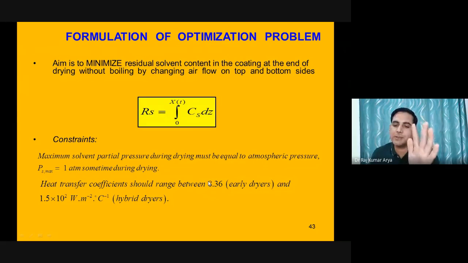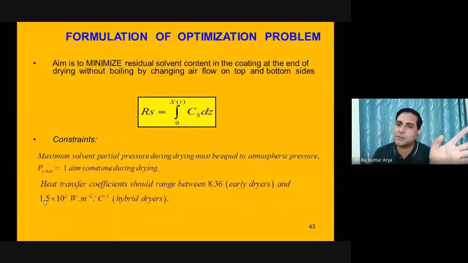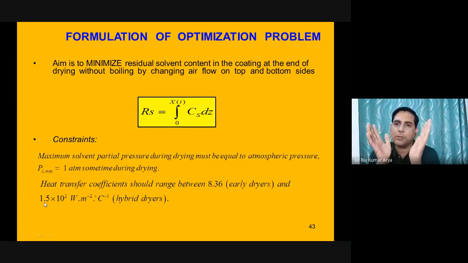This is your heat transfer coefficient in natural convection mode. If you want an excessively high airflow, the maximum possible is 1.2 into 10 to the power 5. You cannot get a heat transfer coefficient for a polymer film higher than this. So your heat transfer coefficient bracket is now fixed.